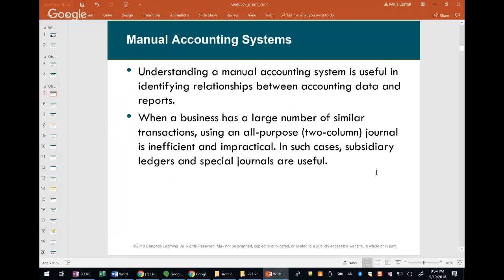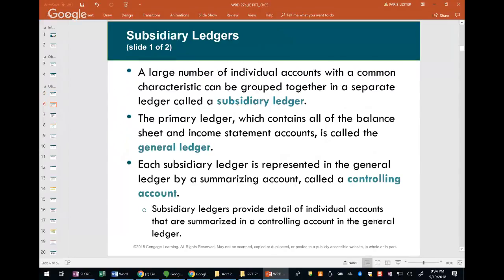Now, we're doing a manual accounting system so we can understand accounting. Now, we've been doing a two-column journal. Now we got to learn what a subsidiary ledger is.